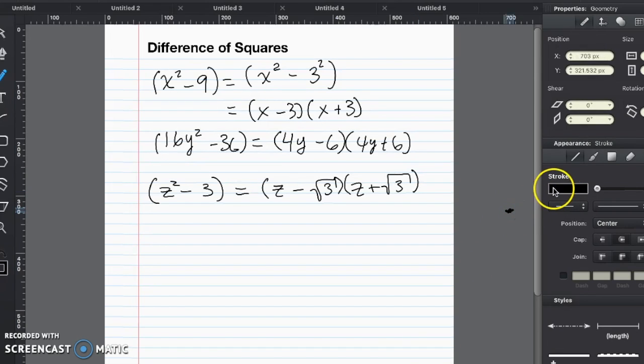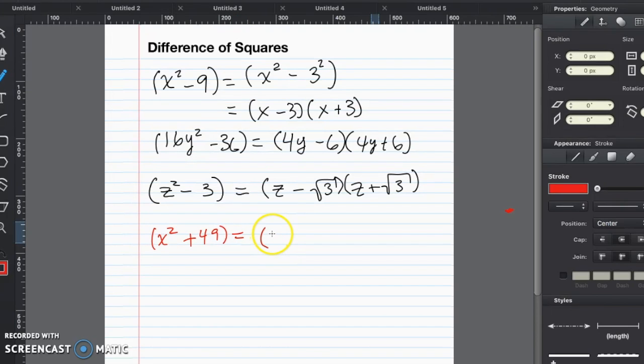So what I wanted to do also is look at something that doesn't work. I get a lot of students telling me that x squared plus 49 is equal to x minus 7 times x plus 7.